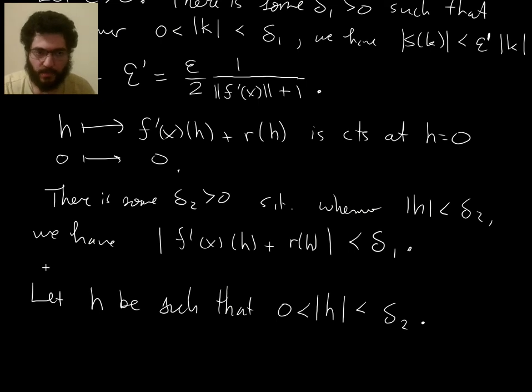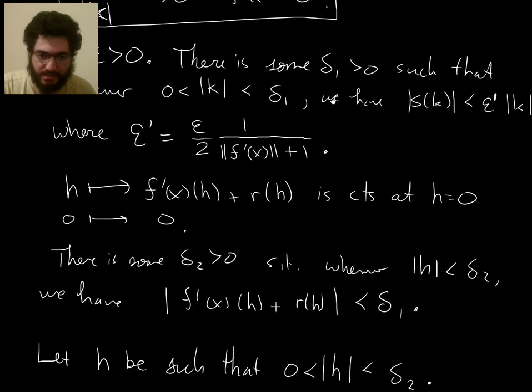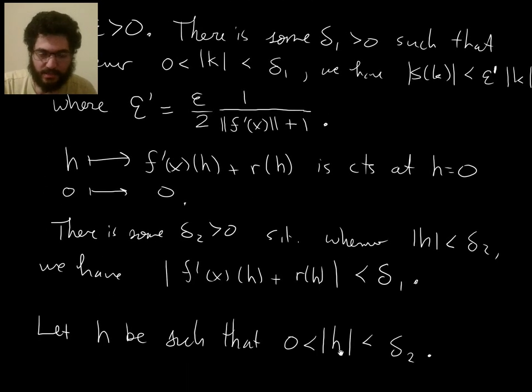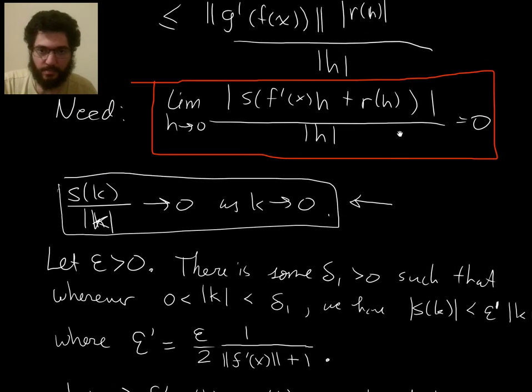I'm not saying what domain h lives in exactly. It's an n-tuple, some vector in R^n, but it needs to both be in the domain of R, and it needs to be such that this quantity here is in the domain of S.